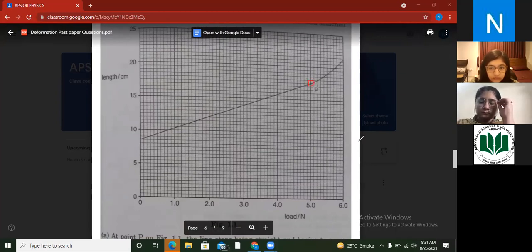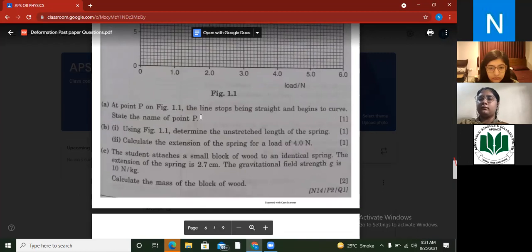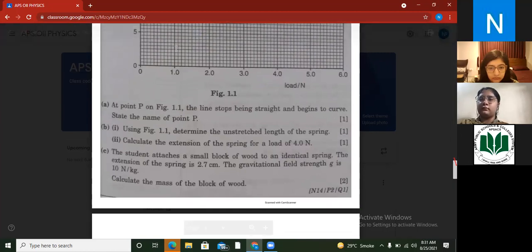Limit of proportionality. Yes, so you have to just write that. So point P is actually the limit of proportionality, right? But इसमें सिर्फ ये नाम लिख के आपको 1 मार्क मिल जाए.